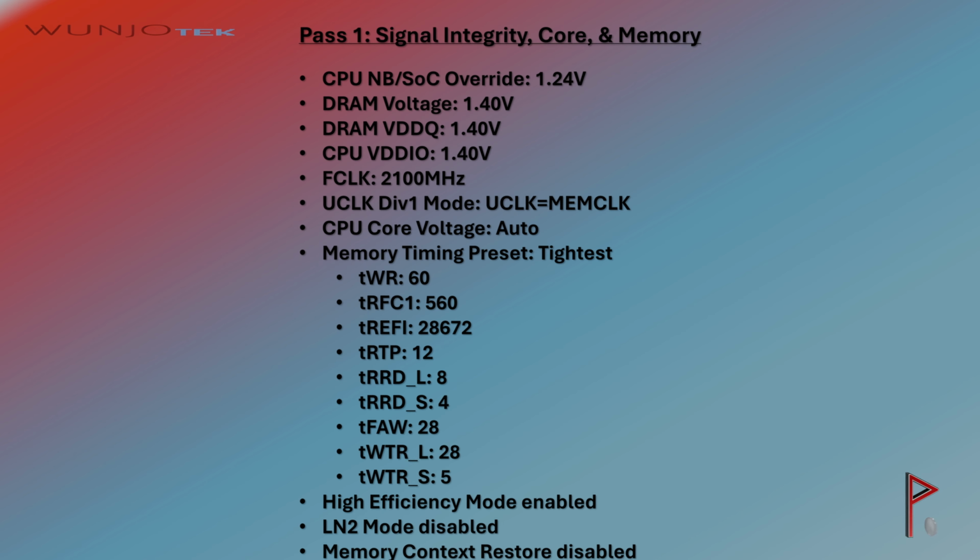Now, the PLL, that's called phase-locked loop, is a tiny circuit that keeps the CPU's clock running at the speed it's supposed to. LN2 mode alters the PLL's internal behavior to keep the CPU stable when you're using liquid nitrogen cooling. It locks the clock signal on the basis of the expectation of extremely cold temperatures.